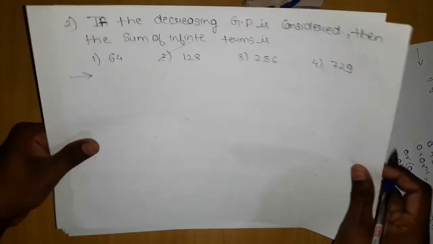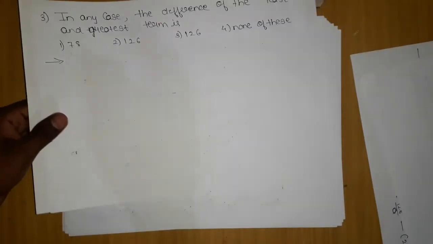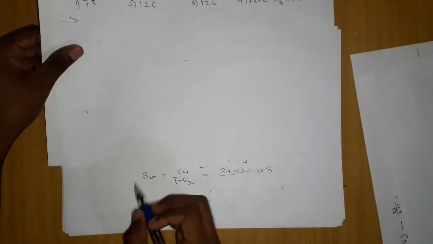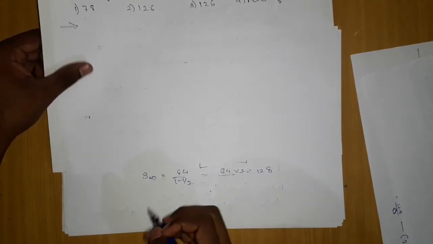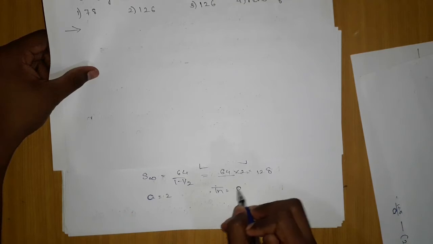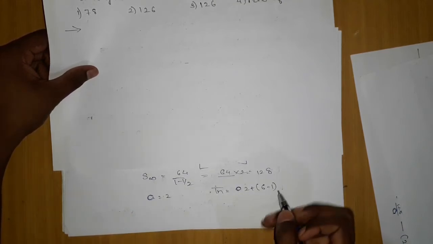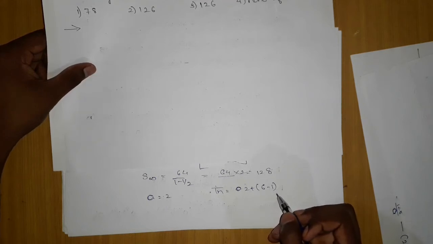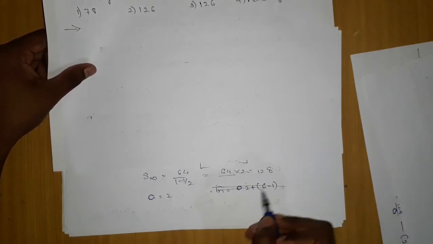Now for the third option, in any case the difference of the least and the greatest term. To find the smallest, we know a is equal to 2. Tn is a plus (n minus 1) d, sorry, it is a GP.